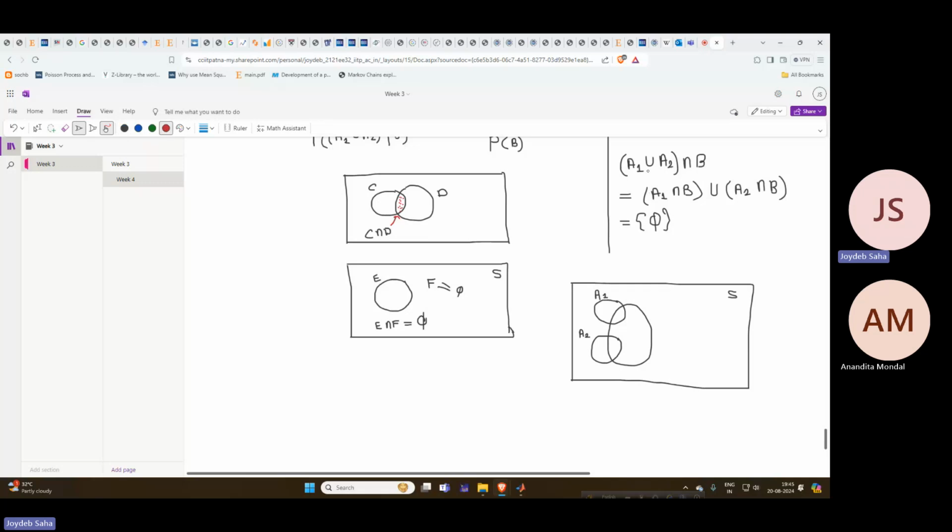Now look, A1 intersection B is this area, and A2 intersection B is this area, right?